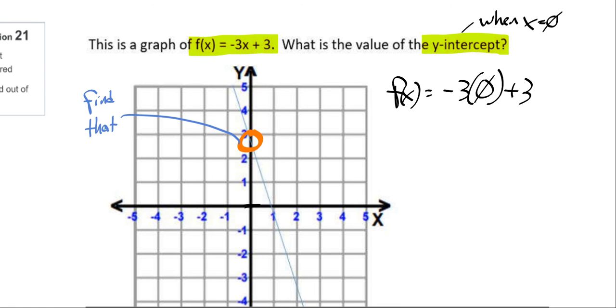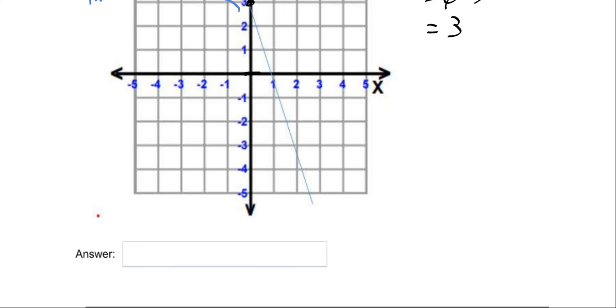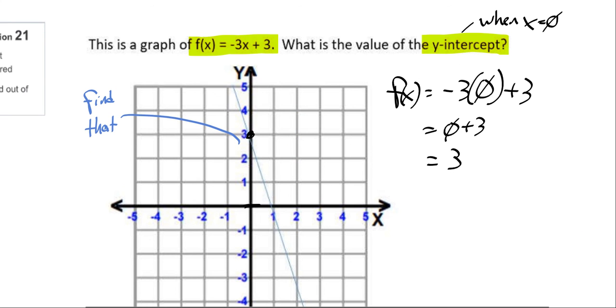Anything times 0 is 0, and 0 plus 3 is 3. So this value here is 3. So I would type in 3. It's a nice easy one to end off on.